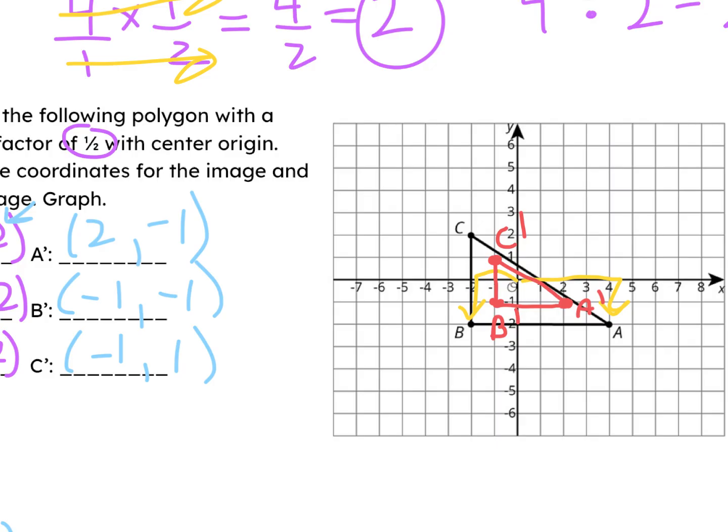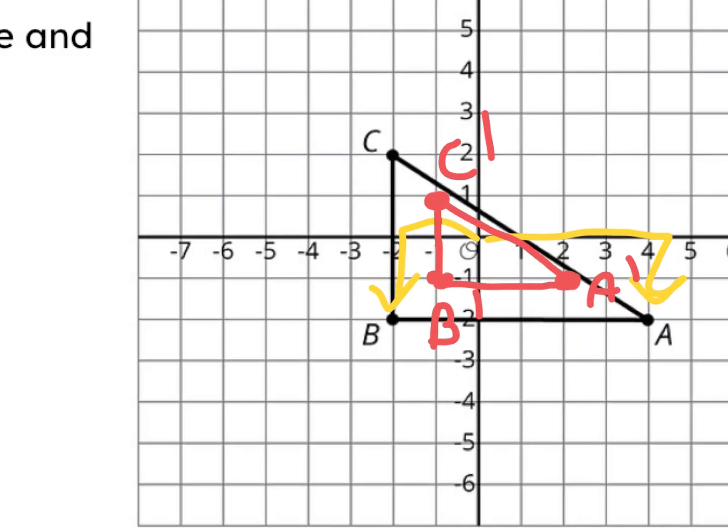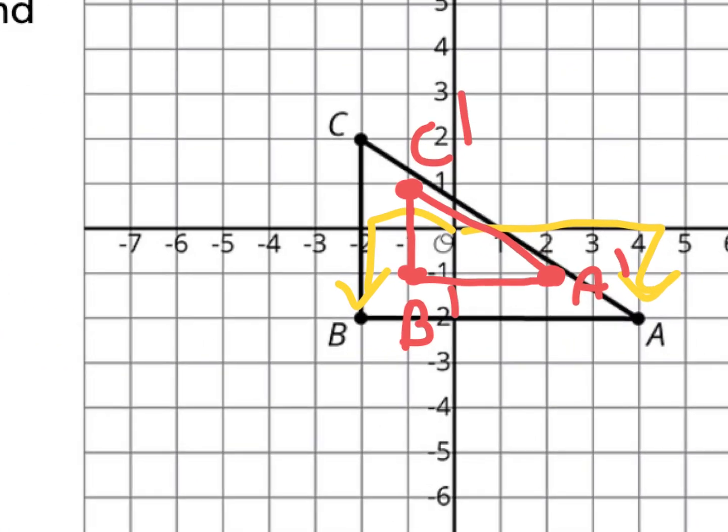Now I can check that we did it right by looking at a couple of things here. So I could look at the original image, and I can see that it was 1, 2, 3, 4, 5, 6 units long on the base of that triangle, and half of 6 is 3, 1, 2, 3, and that became 3 units long. So that kind of checks out.